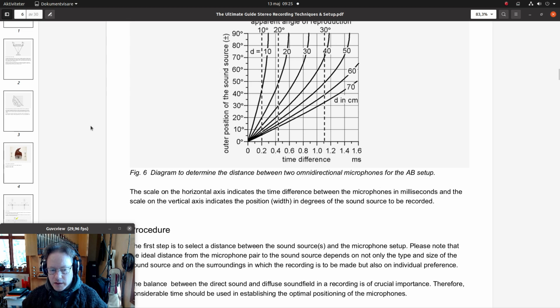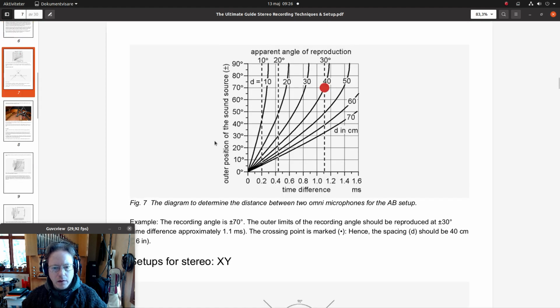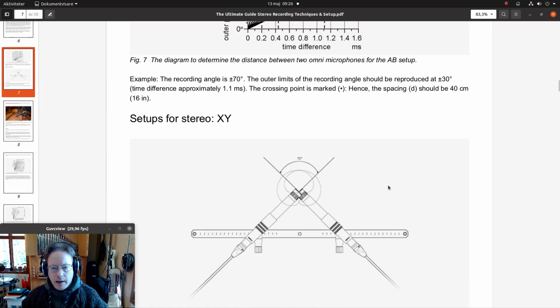The next setup that is pretty easy too is the XY setup. So here you have two microphones, usually cardioid, that are placed in roughly the same spot, as close together as possible with the capsules of the microphones. And then you have them at an angle.